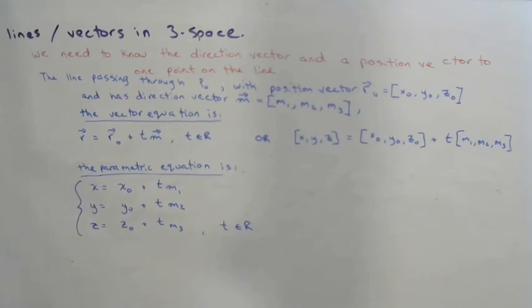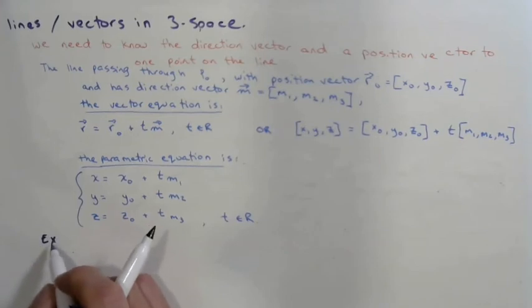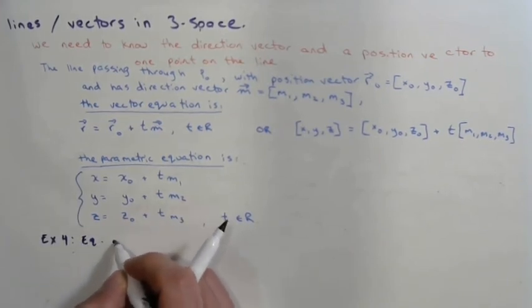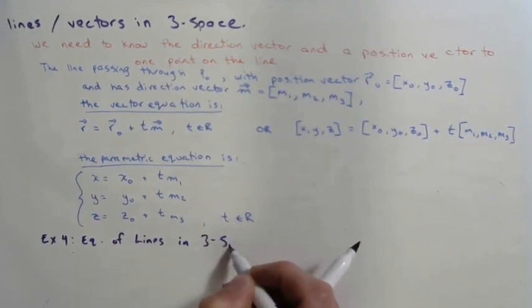All right, so these are our tools for the last example. And I'm going to see if I can just leave them up there if we have enough space. So example 4, equations of lines in 3 space.